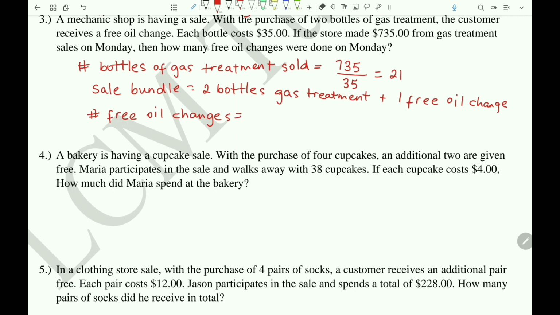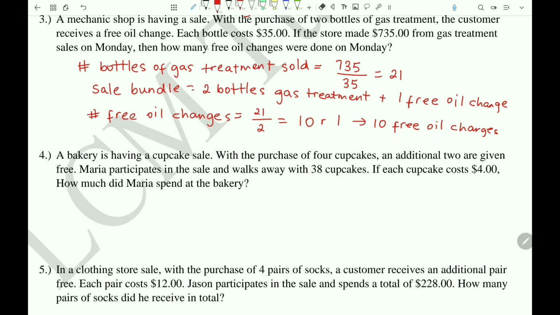what we'll do is we will divide that 21 by 2, since every 2 bottles of gas treatment sold represents 1 free oil change, according to our sale bundle. So 21 divided by 2 is 10 remainder 1, which means that 10 free oil changes were given that day on Monday.